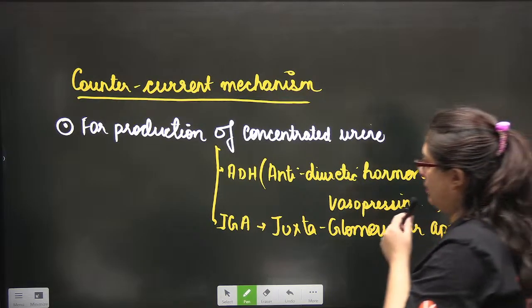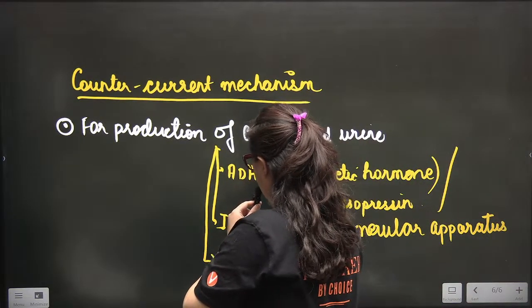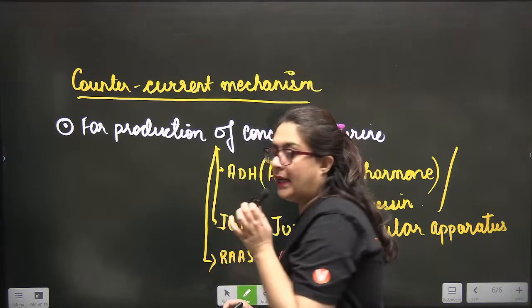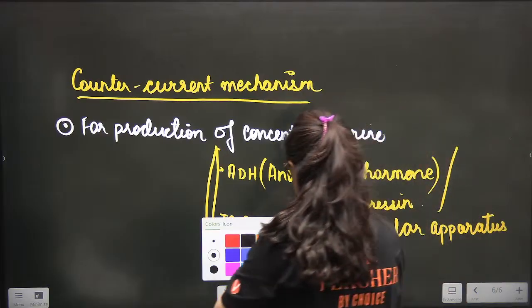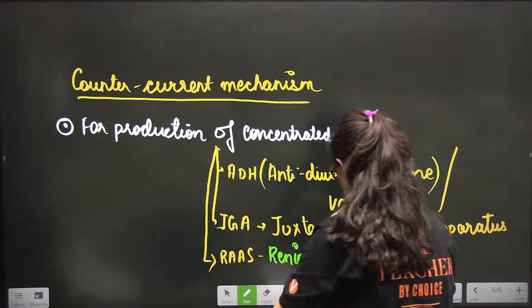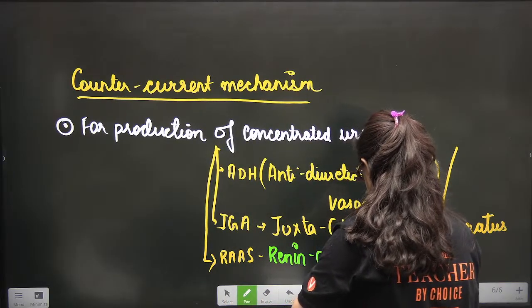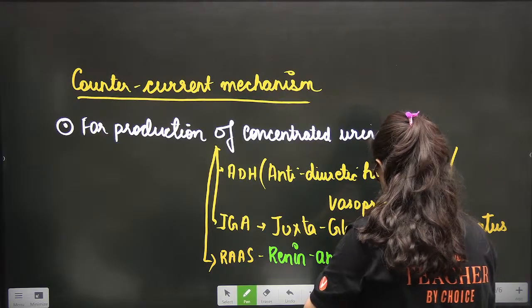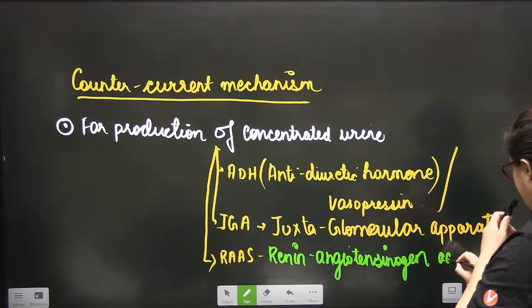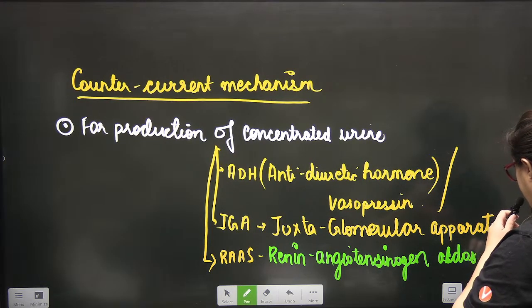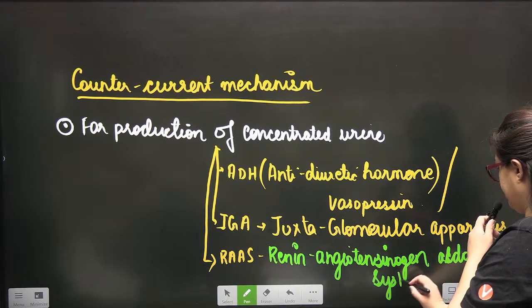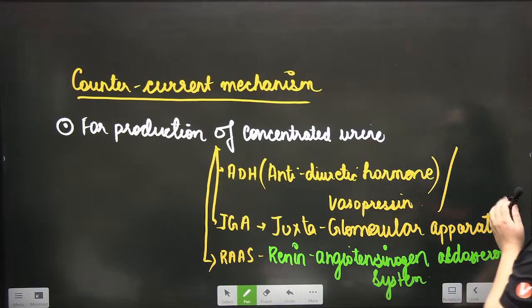What else? The RAS system, renin angiotensin aldosterone system. Done? Is it clear?